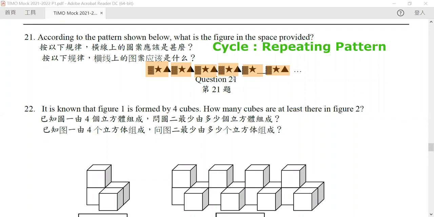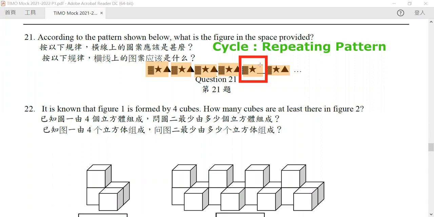So, according to the pattern shown below, you can see that we keep repeating the same pattern. It was always a rectangle first, and then a star, and then a triangle. In this instance of the pattern, it starts with a rectangle and then a star, and finally, it must end with a triangle.